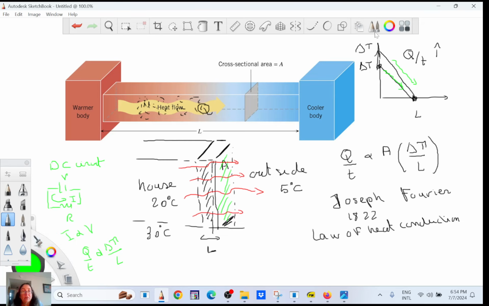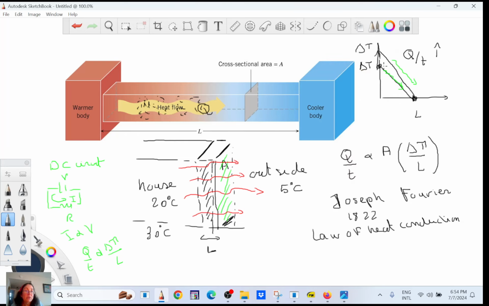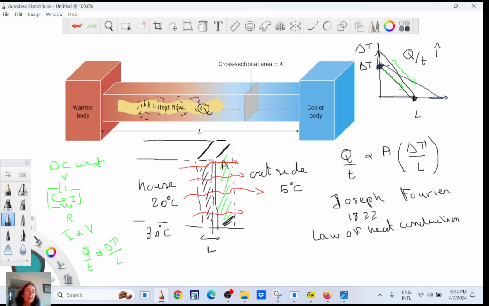If you keep the gradient the same, but you increase the length, it means you make the wall, for example, larger. So instead of having L, you're going to have 2L for the same gradient.